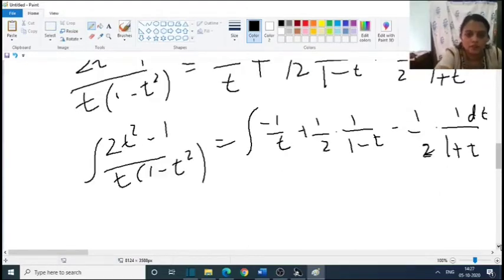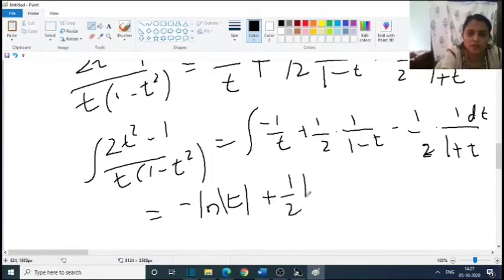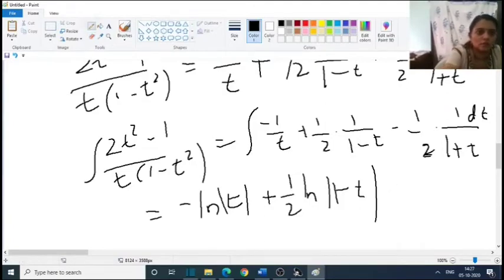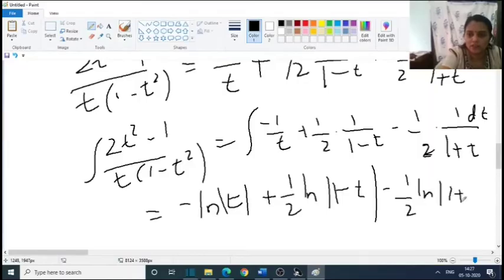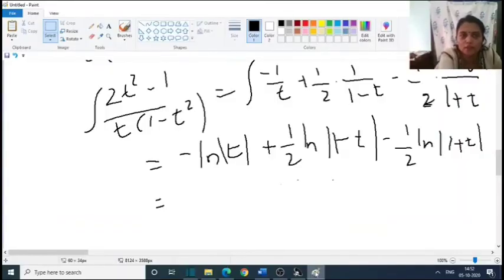Which is equal to the integral of minus ln t, plus 1 by 2 ln(1 minus t), minus 1 by 2 ln(1 plus t). We can make all the terms negative by writing minus ln mod t.